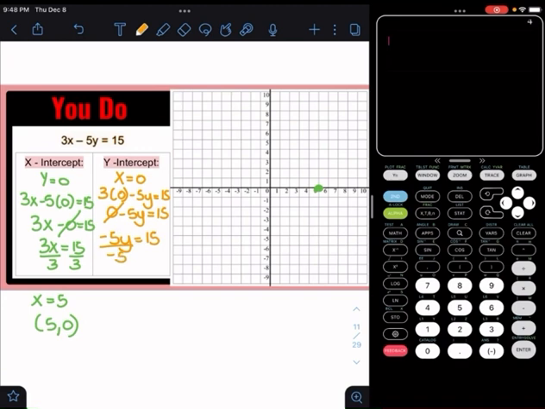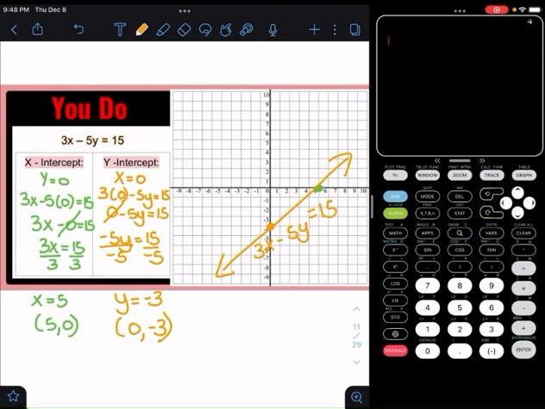Divide by negative 5, divide by negative 5, y equals negative 3. My x is 0, so my first number is 0, and my y is negative 3, meaning that I go down 3. And we could technically just connect these points, put our arrows, and label it as 3x minus 5y equals 15. But I want to see more accurate points and know what points I'm talking about.